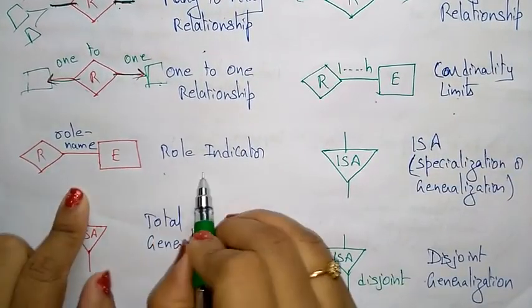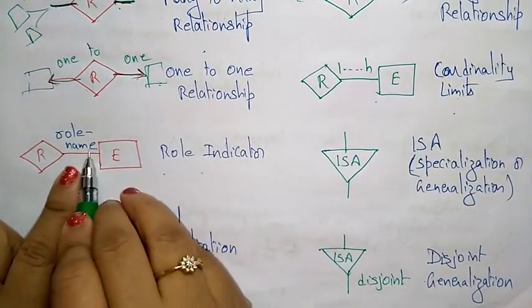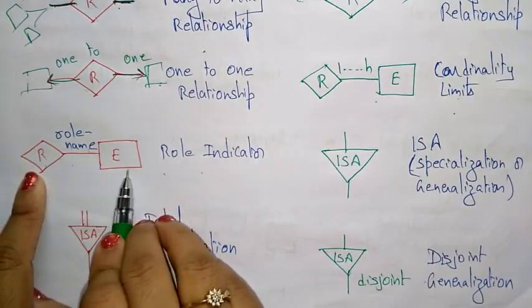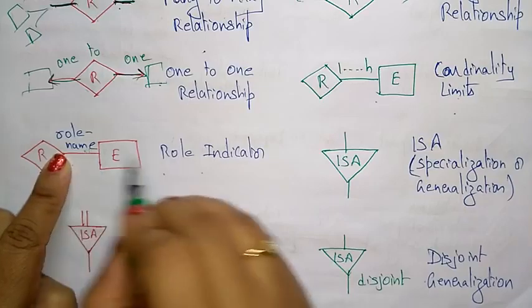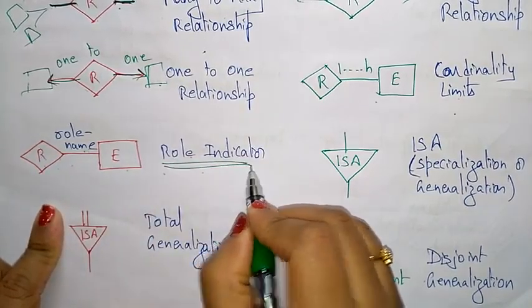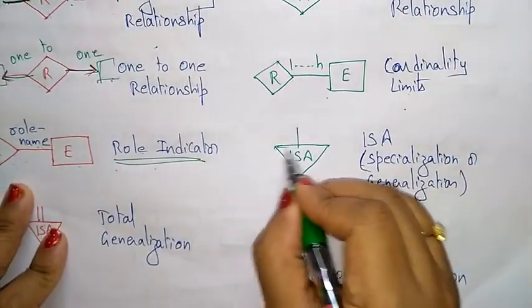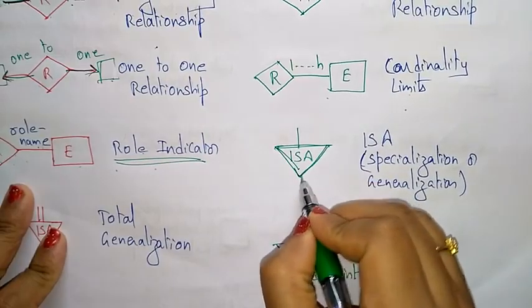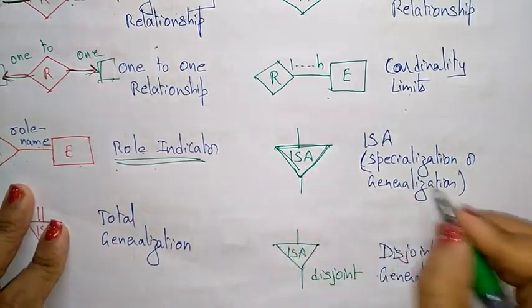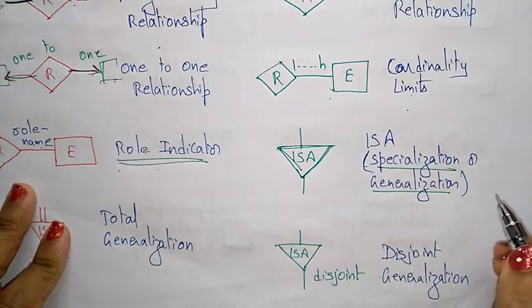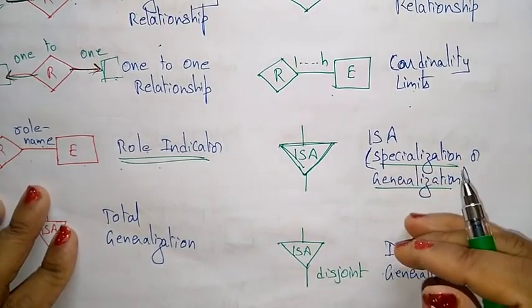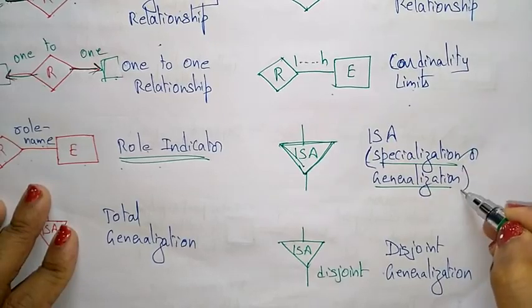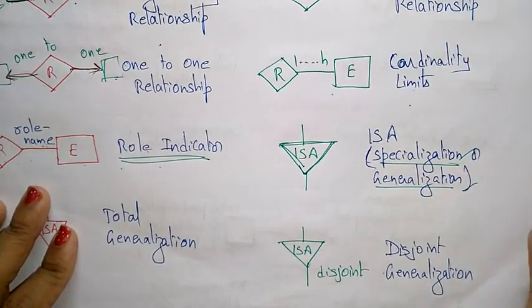And this is a role indicator. If you mention a role name in the relation, in between the relation and the entity, you call it a role indicator. And this is the symbol used for the is-a relationship. Is-a relationship is for specialization and generalization. In the place of inheritance, you will use specialization and generalization. I'll explain about specialization and generalization in the coming videos.